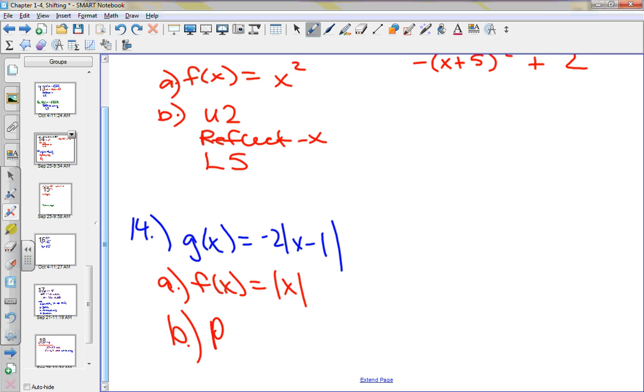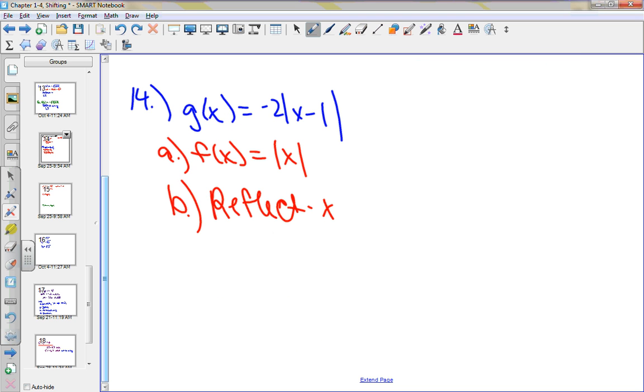It reflects it over x. Then what's the 2 do? Stretches, because it's not a what? It's not a fraction. So we have a stretch of 2. What's the 1 do on the inside? It's going to go to the right 1 unit.